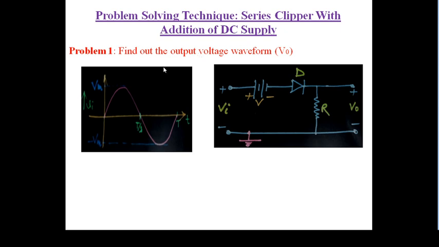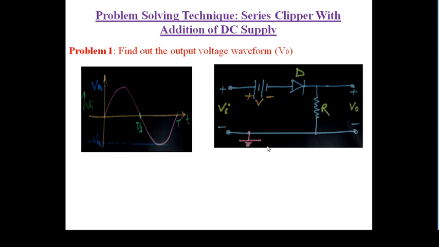We are giving a sinusoidal signal Vi, and this one is the circuitry. Here this one is the half wave rectifier, but we are adding one additional DC voltage source. So how the output will look, that we have to find. We have to find the output waveform.